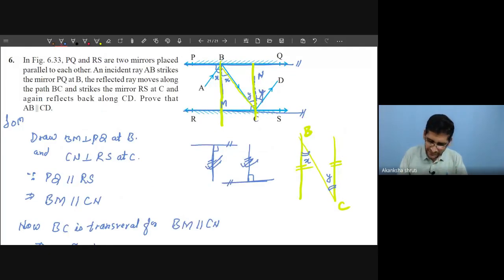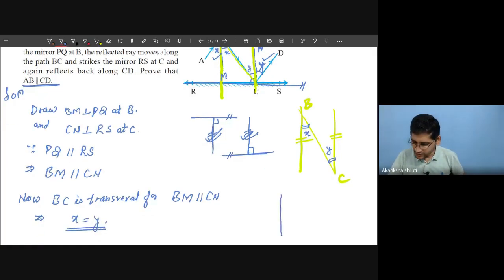Therefore, it is being reflected back. Whatever this angle is, it is saying that only. The ray is reflected, moves along BC, strikes the mirror at C and is reflected back. You have to prove AB is parallel to CD. So see, whatever this angle X is, it is equal to Y. It means, say these are the two vertical lines.